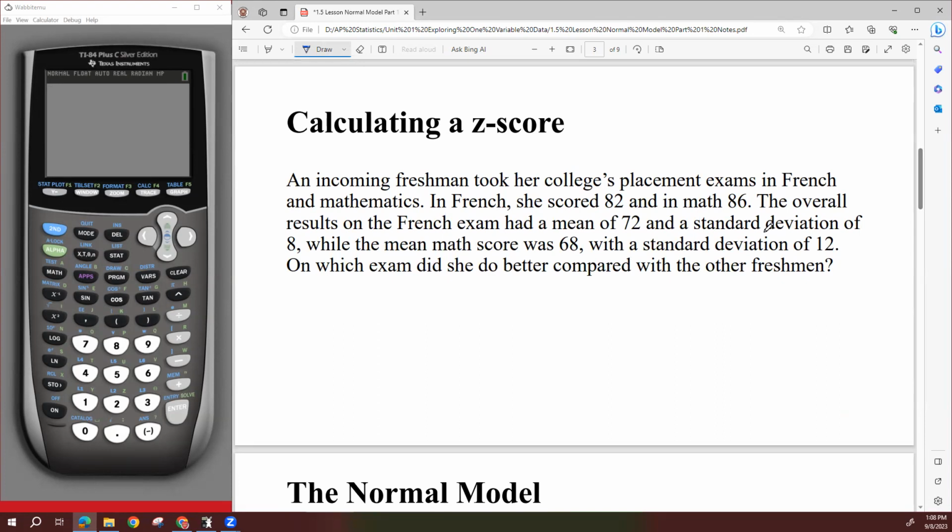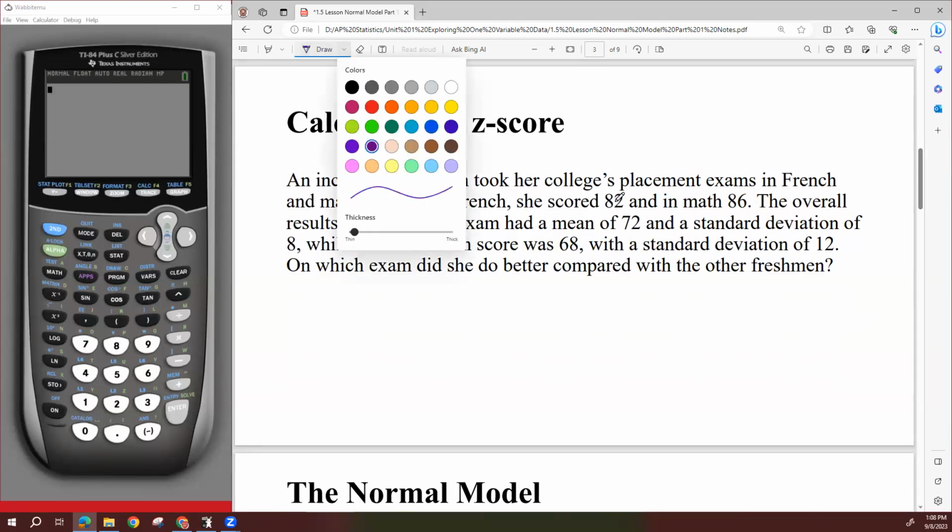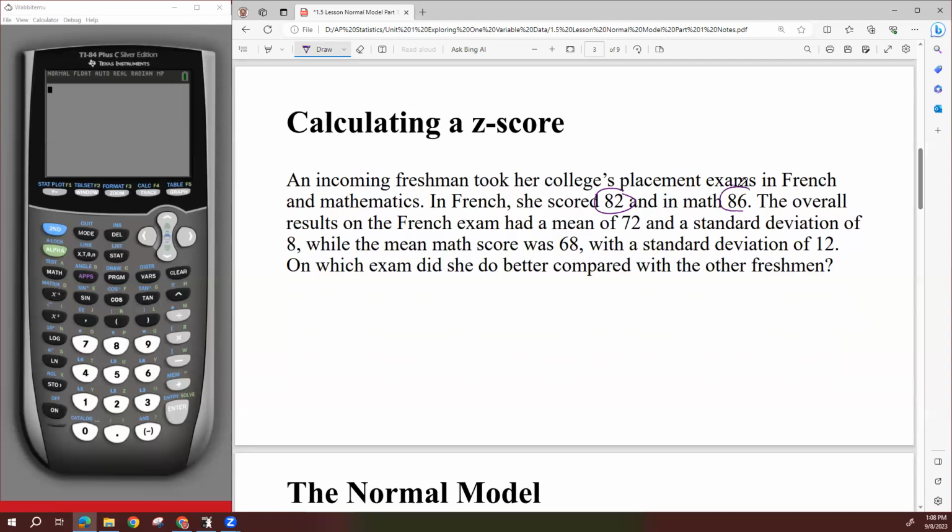An 82 and an 86 sound similar, but these are two different subjects, two different tests. So we can standardize these values. Her scores, the 82 on French and the 86 in math, are our statistics.